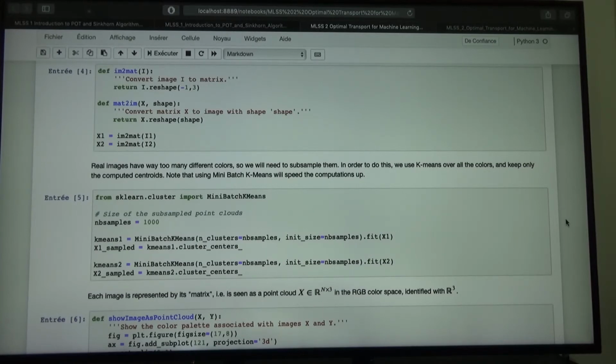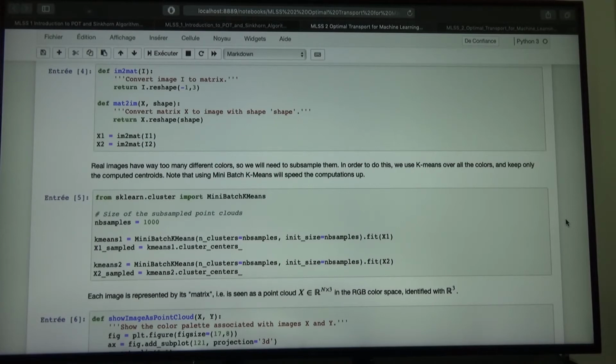algorithm. Not using GPUs. So what we're going to do is quantize our measures, and that's something that Marco mentioned this morning, that sometimes you can just quantize a measure and do some stuff with this. So quantize your measure means that we're going to sum up our point clouds with a much smaller number of points on which we're going to be able to do some computations very fast.